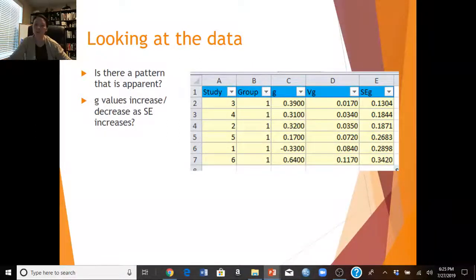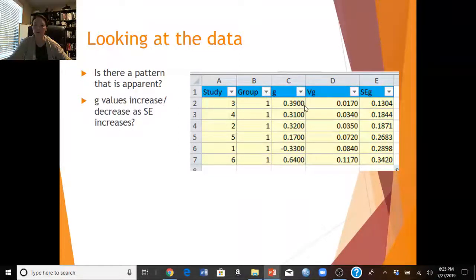And again, what we're looking for here is any apparent pattern in our effect sizes. So our effect size is in column C. We're looking at a Hedges' g here. And we're not really seeing any apparent pattern here. They don't go from smallest to largest. They don't seem to be getting increasingly larger here.